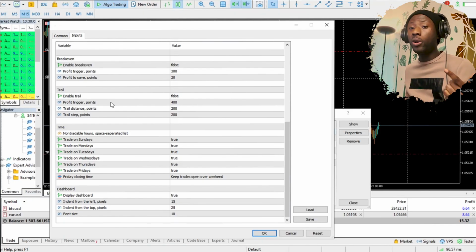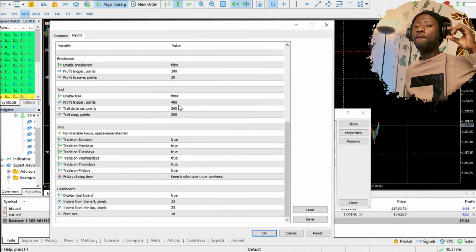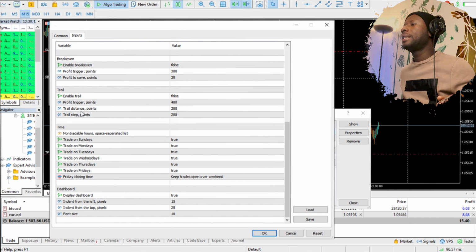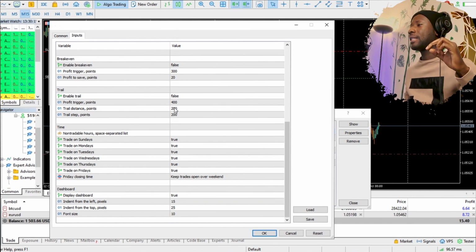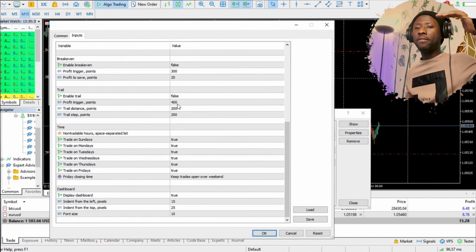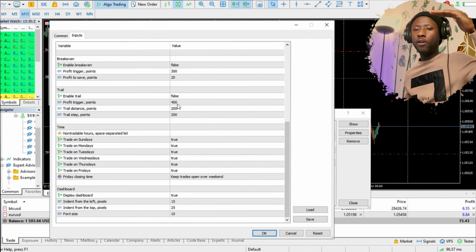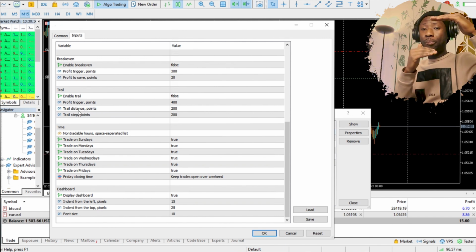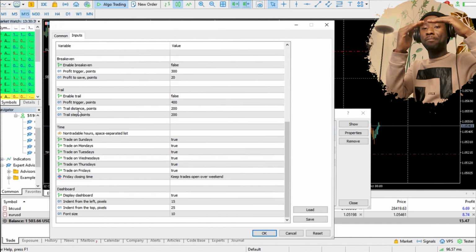So you have the trigger point. We are saying that when the market reaches 40 pips, then at this distance from where the market is right now, bring my stop loss from negative to 20 pips below where the market price currently is.